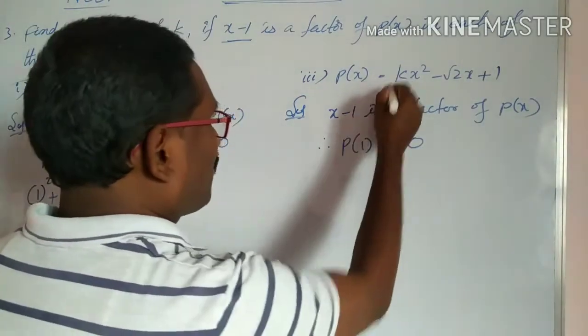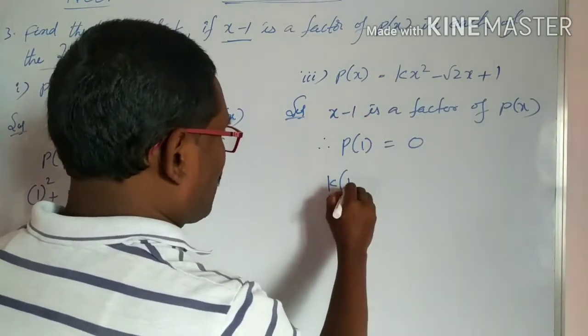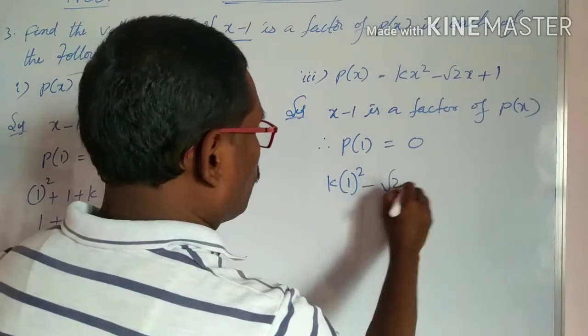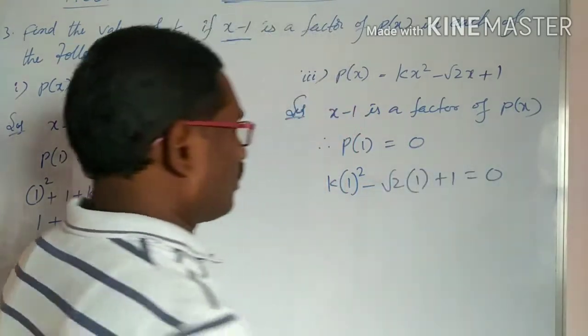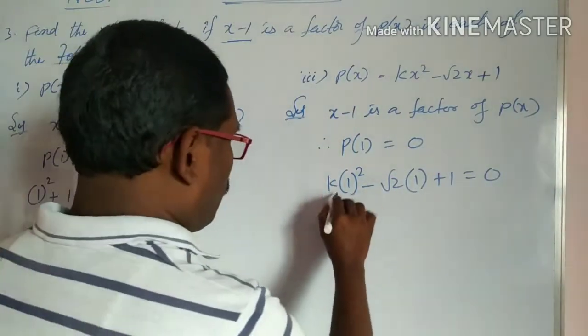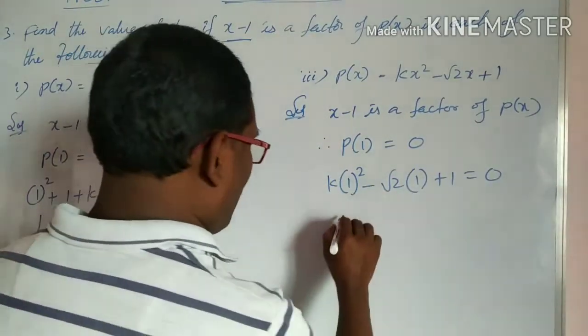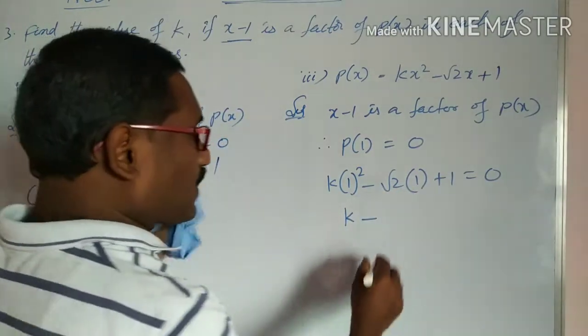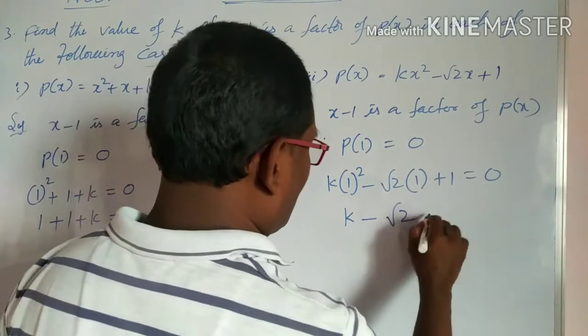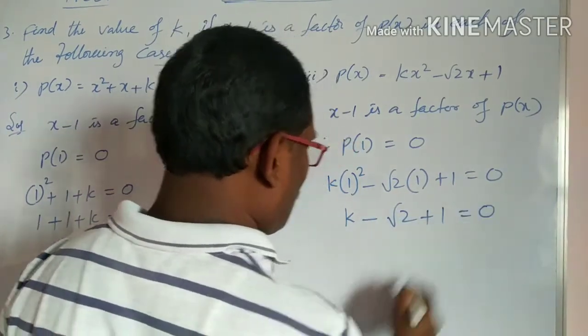Substitute here. P of 1: k into x plus 1 whole square minus root 2 into x means how much? 1 plus 1 is equal to 0. Now, 1 square means 1 only. k into 1, k minus root 2 into 1. Root 2 into 1 how much? Root 2 plus 1 is equal to 0.